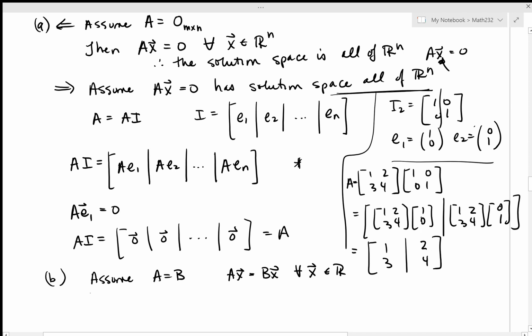Now we assume AX equals BX for all X in Rn. And what happens then?